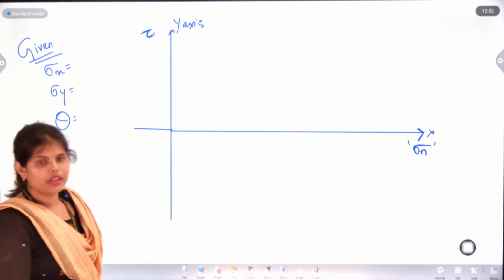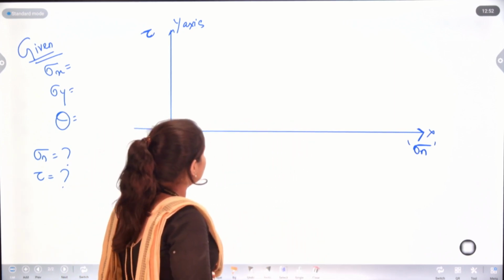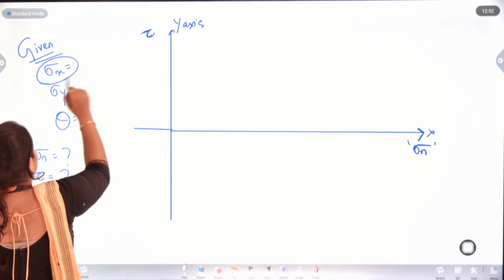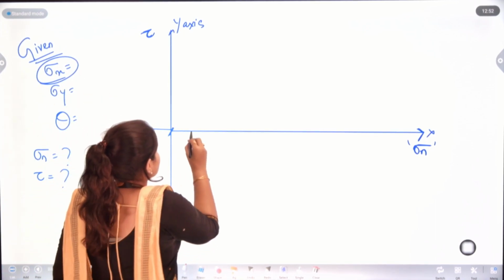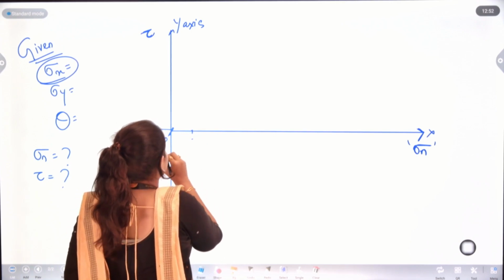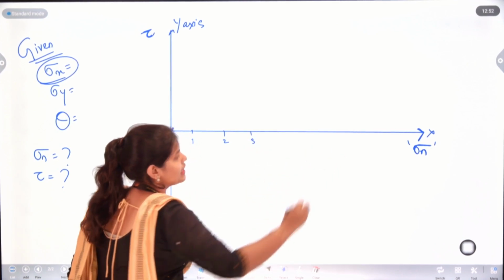So, how do we find that? First, we have the sigma x value. Here on the x axis we will take 0, 1, 2, 3 like this.